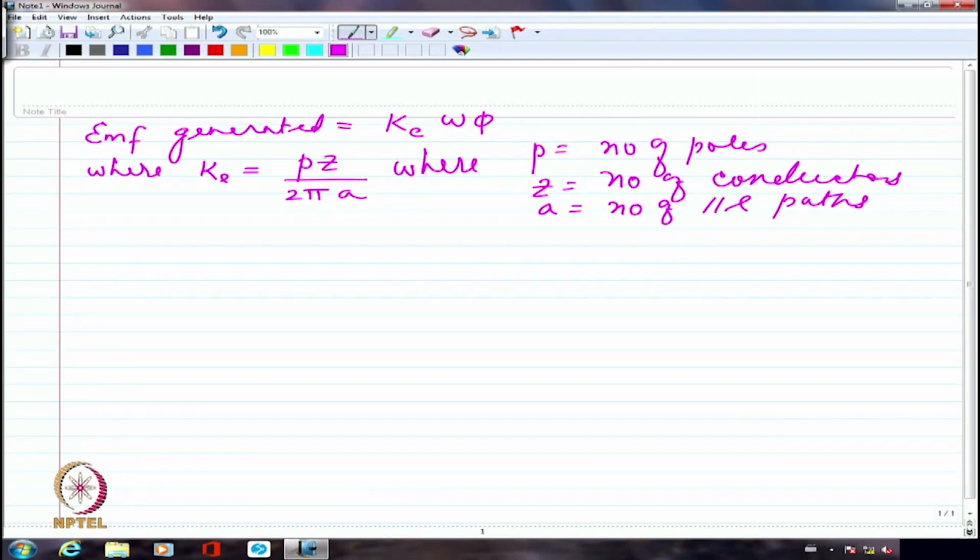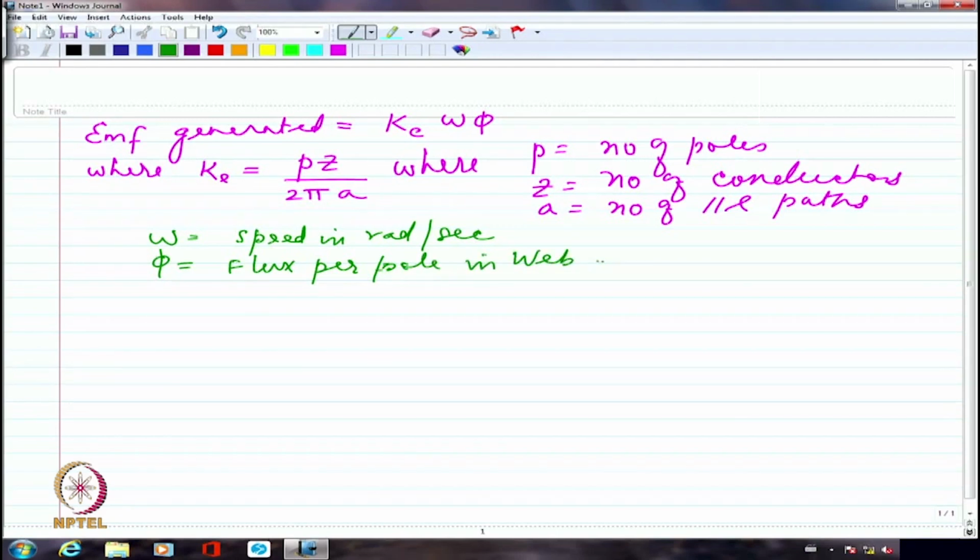This is what we wrote, and omega is the speed in radians per second, and phi is the flux per pole in Webers, of course.